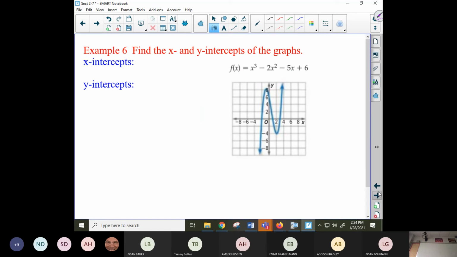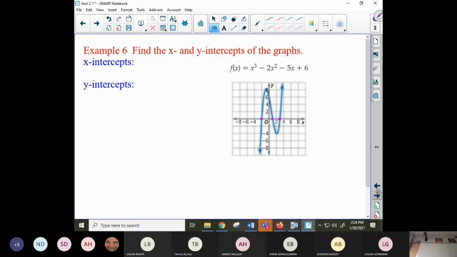Okay? All right. There will be a few today where you're given a graph and you're asked to find the x-intercepts and the y-intercepts. I think typically today you'll only have one y-intercept, but you may have more than one x-intercept for sure, okay? So here we can assume that these are at actual whole numbers today. You know how earlier in the chapter you got to say near x equals 1?